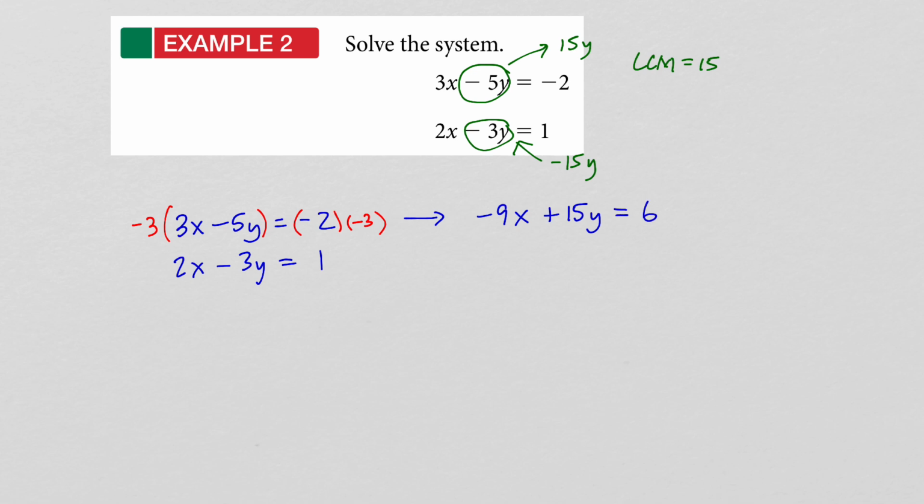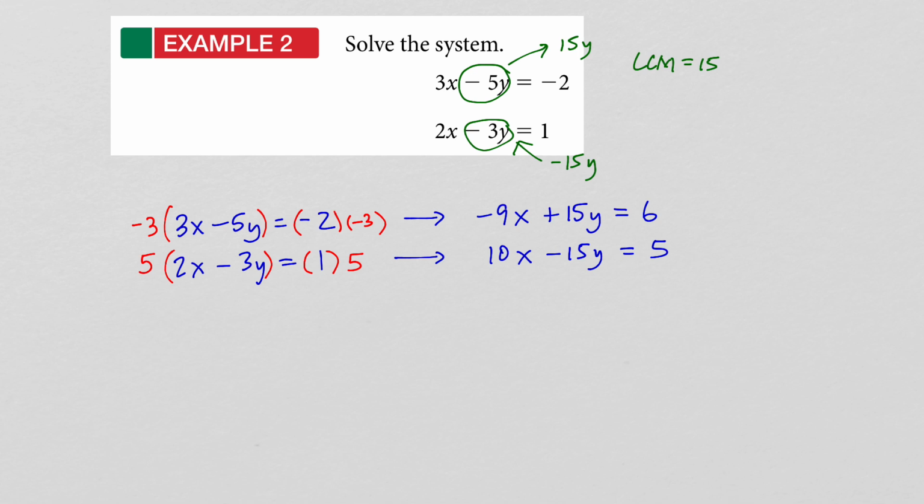And then in the second equation, I need this -3y to be turned into a -15y. To accomplish that, I only need to multiply by +5, because it's already negative. So if I do this here, we're going to get 10x minus 15y is equal to 5.